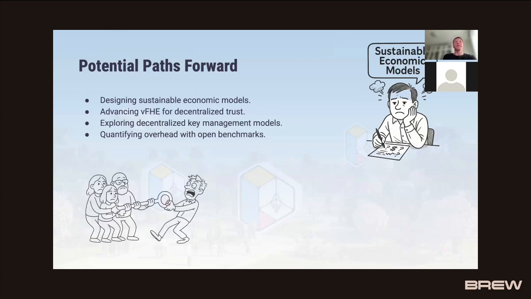The second thing is advancing verifiable everything, so that we have a proof that things were computed correctly, to have a very decentralized graph. Then there is exploring decentralized key management models like multi-key models. And I think it's important to have open benchmarks for developers to know which things are most suitable for which use cases, what the overhead of scheme switching is, and things like this.